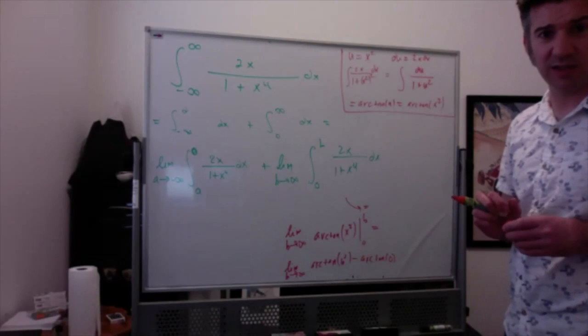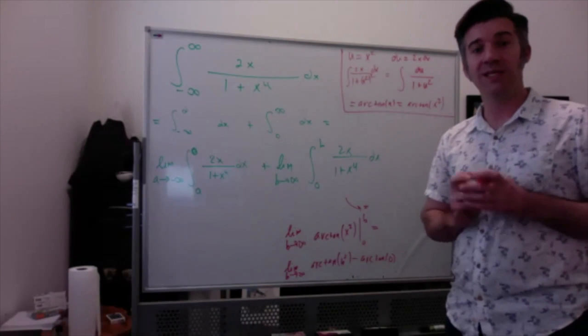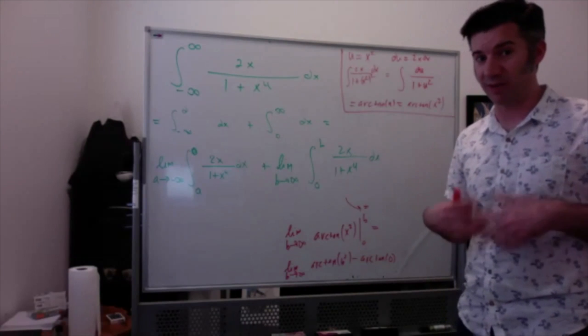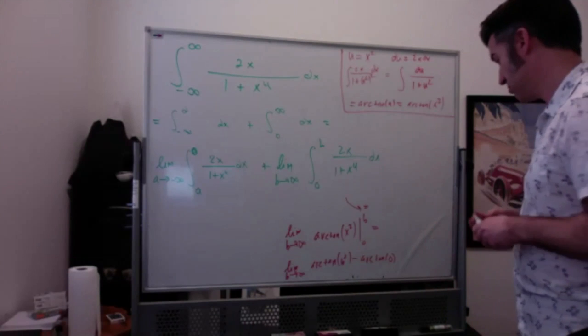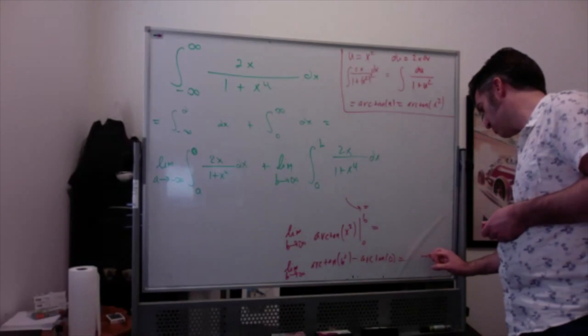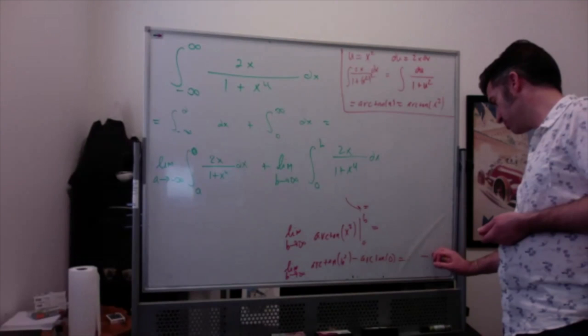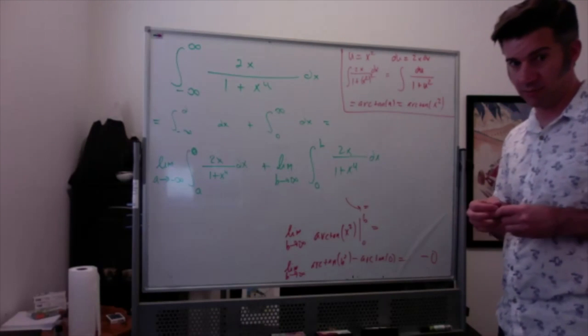All right, what's the arctangent of 0? Or let me ask you this differently. What's the angle that if we took tangent of it, we would get 0? It's 0.